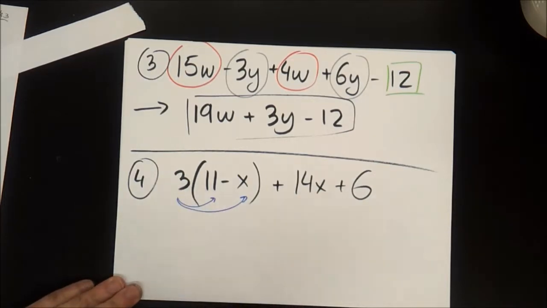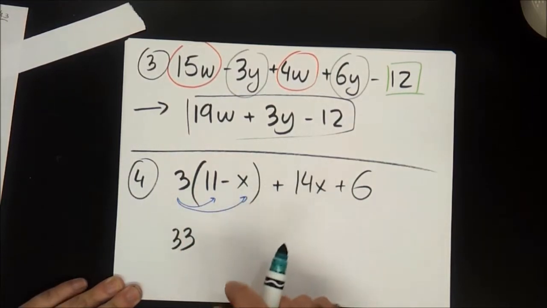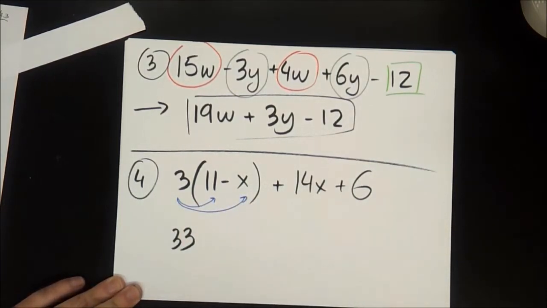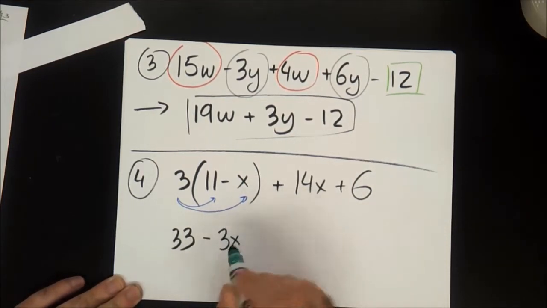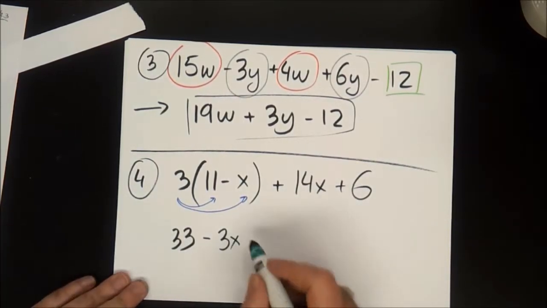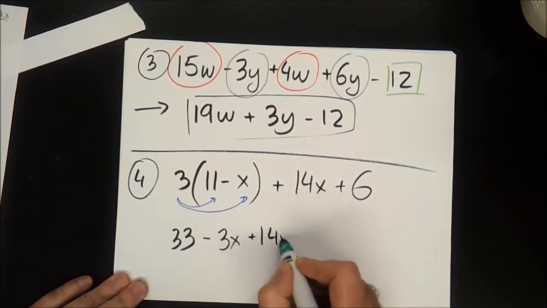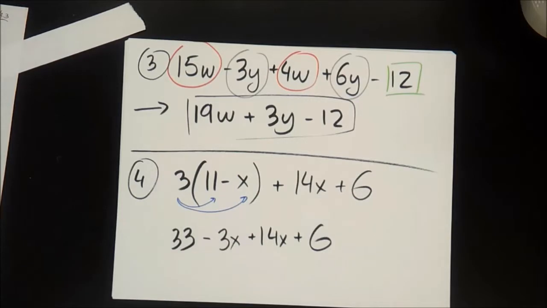Alright, we could do that. 3 times 11, that's 33. 3 times negative x, so 3 times a negative x is a negative 3x, because when you multiply a positive and a negative number, you get a negative answer, different signs. Plus 14x plus 6. Alright, terrific.